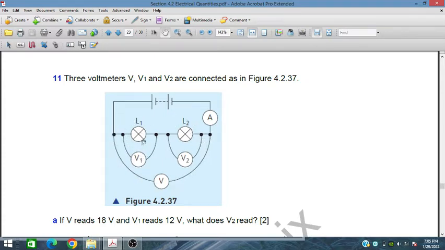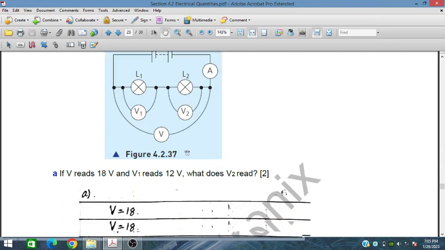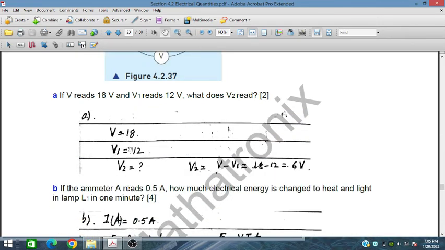If this is 12 volts, then the voltage across this lamp is 18 minus 12, which is 6 volts. So V2 is equal to V minus V1, which is 18 minus 12 equals 6 volts.